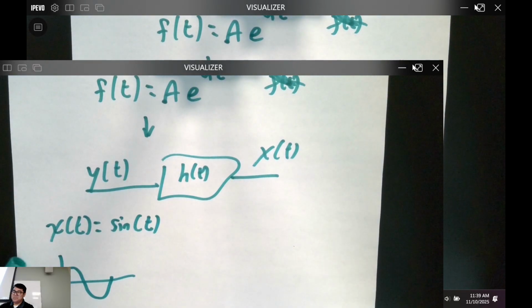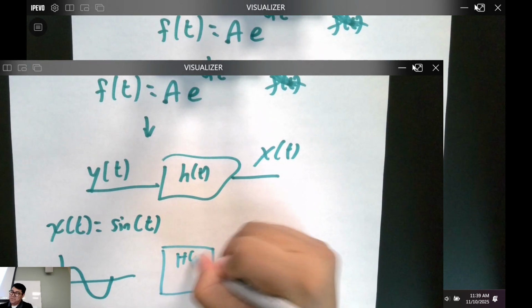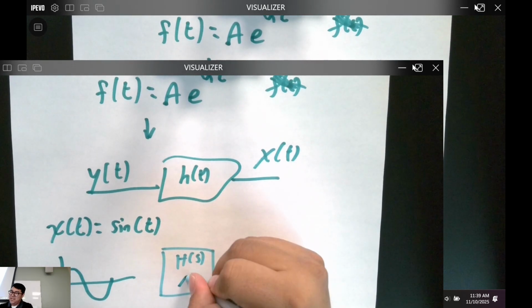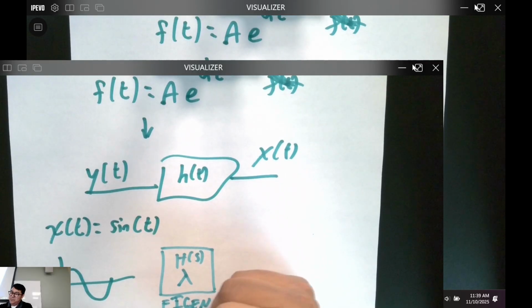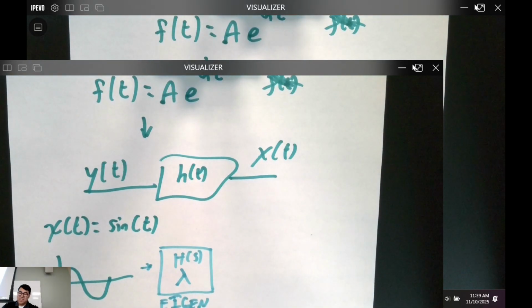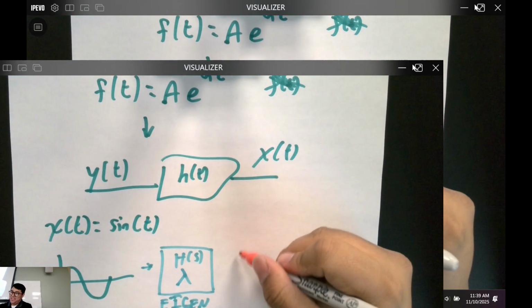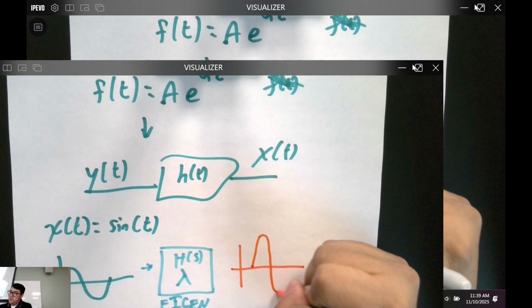And then you punch this through this magical box, correct? I'm going to call it h of s, or let's just call it lambda, your eigenvalue. Throw it into this magic box, and your output is going to have maybe a phase change and some cool little thing like that.